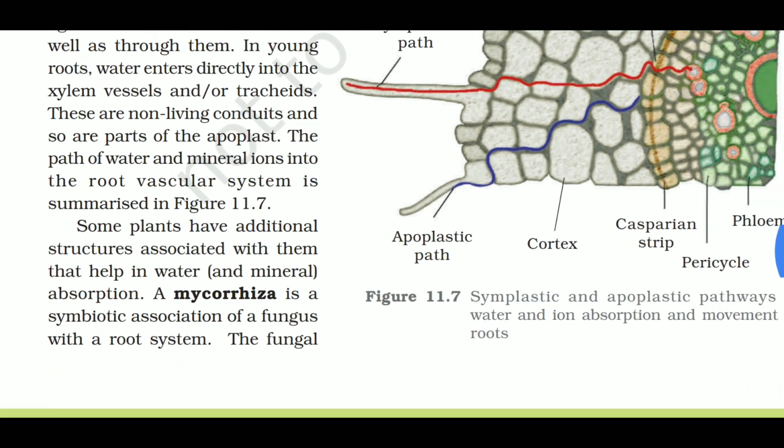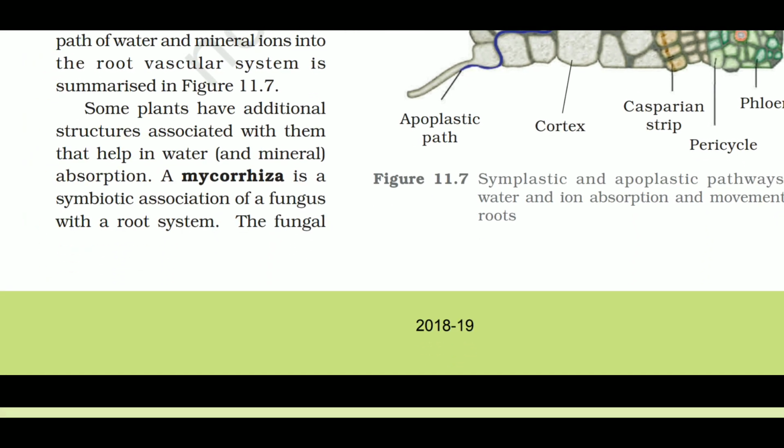We have already seen that some plants have additional structures that help in water absorption, that is mycorrhiza, a symbiotic association of fungus with the root system.